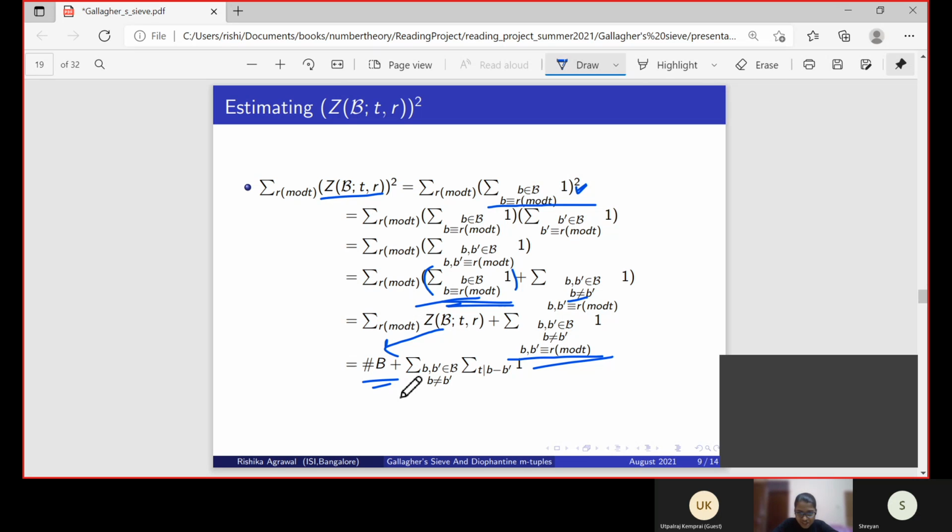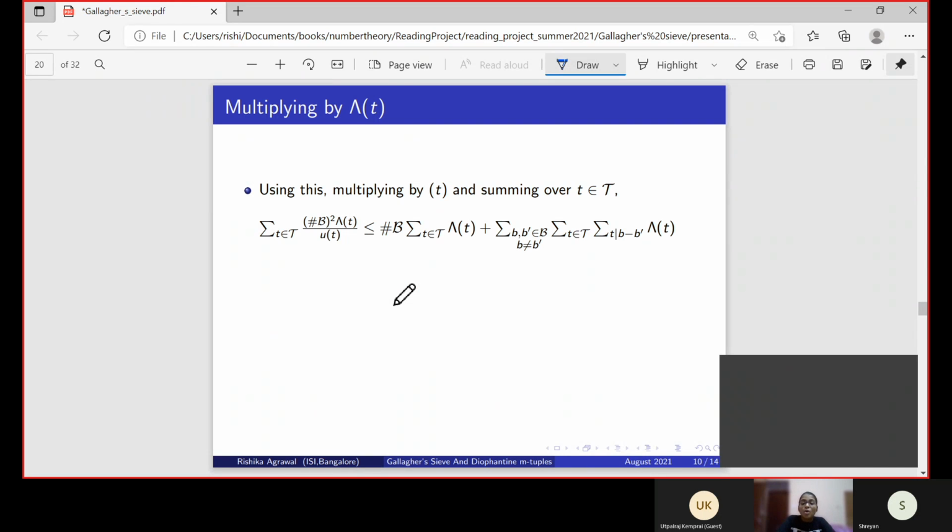Now our next step would be to multiply this by the von Mangoldt function. The von Mangoldt function is log p when n is a power of a prime p, and in all other cases it is 0. So it signifies the primes and the prime powers.